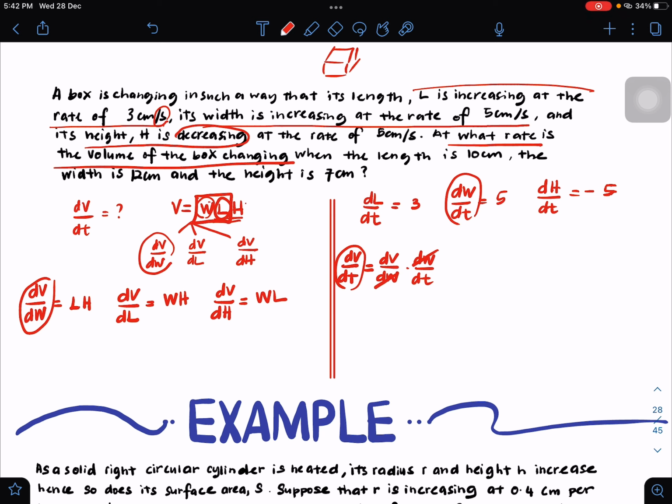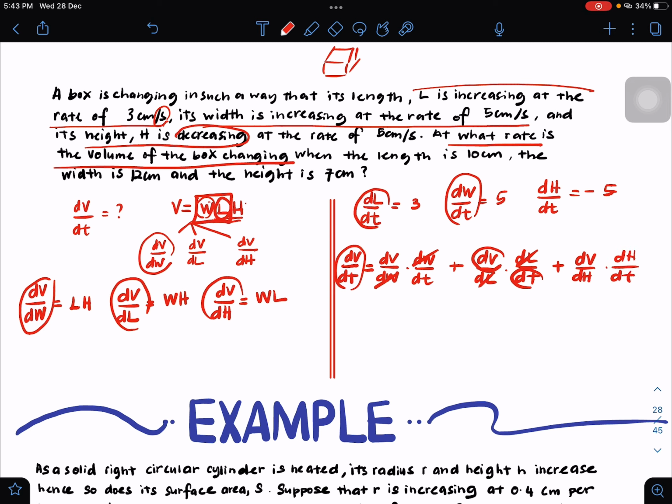Tak cukup satu sebab dia ada 3 elemen, plus dengan dV/dL darab dengan dL/dt. Sama, kita boleh potong ni dengan ni, so tinggal yang kita nak dV/dt. Tambah dengan yang akhir sekali adalah dV/dH darab dengan dH/dt.